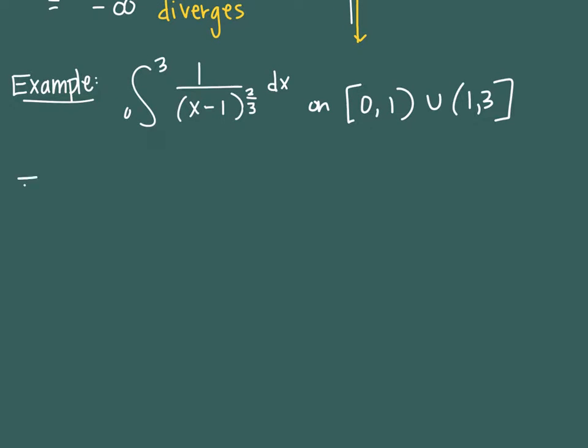So we're going to split this integral up, and I need to stay on the safe sides of 1. And so for my first integral, I'll be making sure that we stay on the left side of 1. And we'll go from 0 to u of the function.